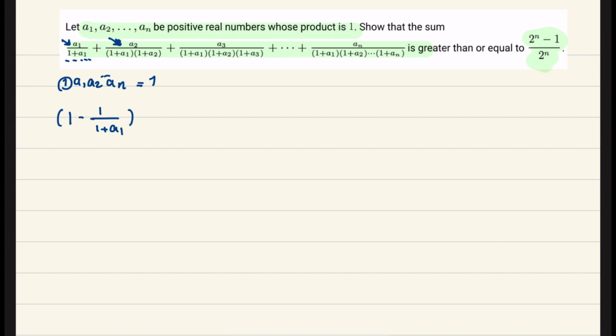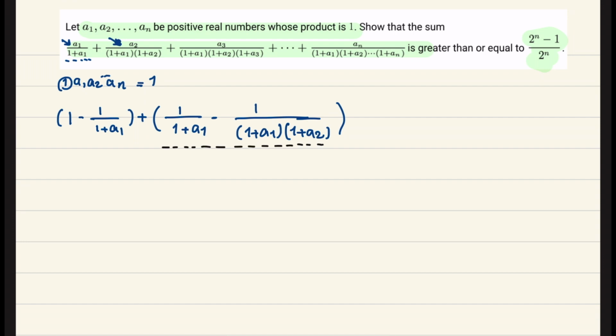I can write the second term as 1 over 1 plus A1 minus 1 over 1 plus A1 times 1 plus A2. Maybe I can show you how to simplify the term here and show that this is equal to the second term in this giant expression.